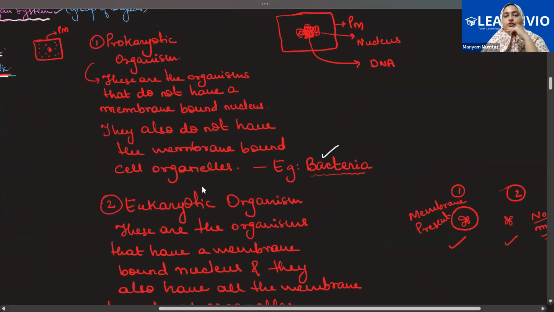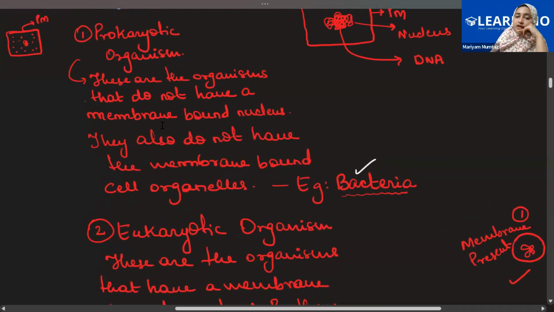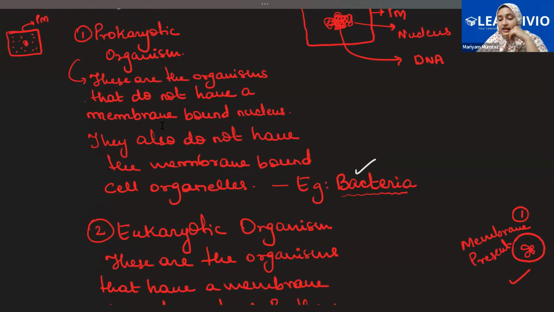So prokaryotes are the organisms that do not have a membrane bound nucleus, meaning their nucleus is not surrounded by any kind of membrane. With that, their genetic material is naked. Apart from that, they do not have membrane bound cell organelles also.